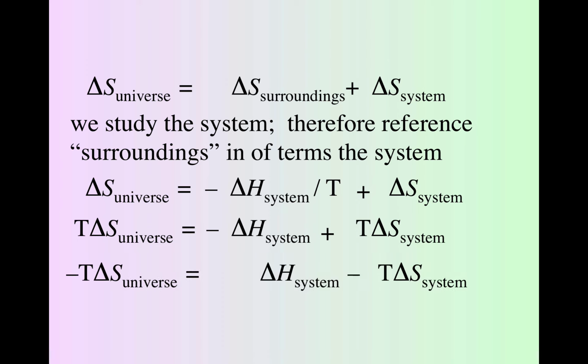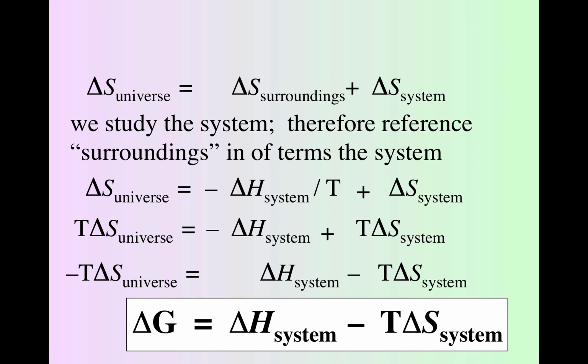And if we multiply both sides by -1, we end up with negative T delta S of the universe is equal to delta H of the system minus T delta S of the system. And this is what we call the equation for Gibbs free energy. So negative T delta S of the universe is synonymous with what we call delta G, Gibbs free energy.